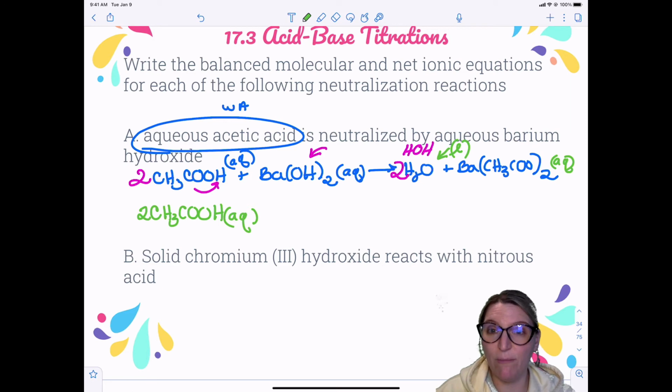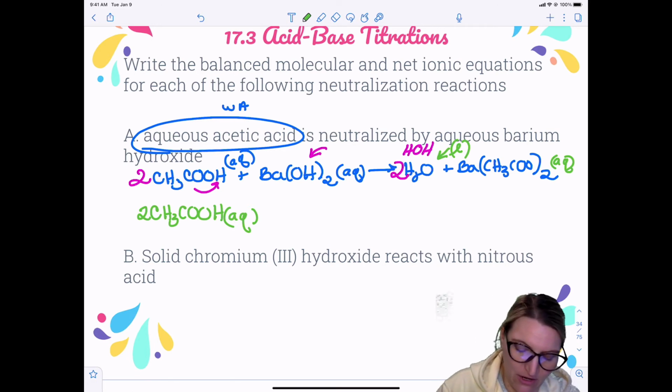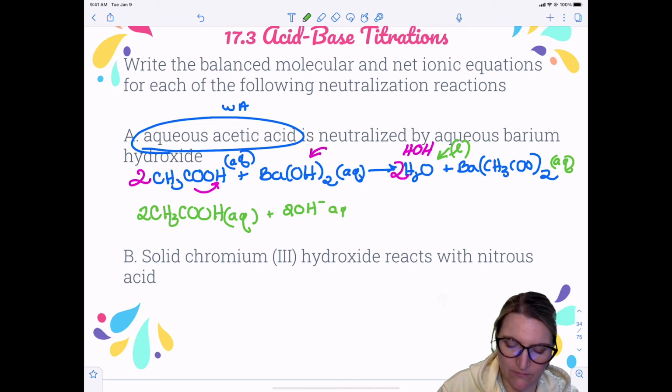And now I can look on both sides and see that barium is in an aqueous substance on both sides. So barium is one of the spectator ions. Barium hydroxide is one of the strong bases, so I know it completely dissociates. Barium is a spectator ion in this case. So I can just add the 2 hydroxide ions.